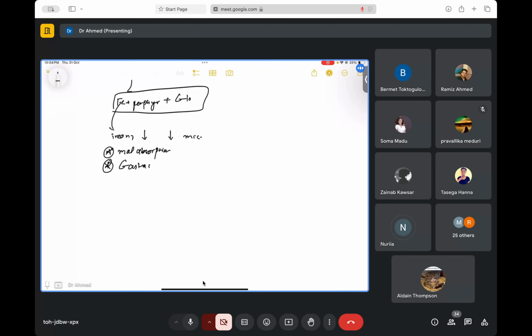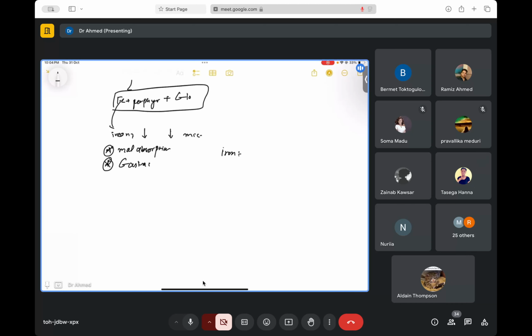So that day we discussed how your iron is transported. If iron enters your enterocyte, ferroportin is going to bring it into your blood. In the blood, the transporter is transferrin.